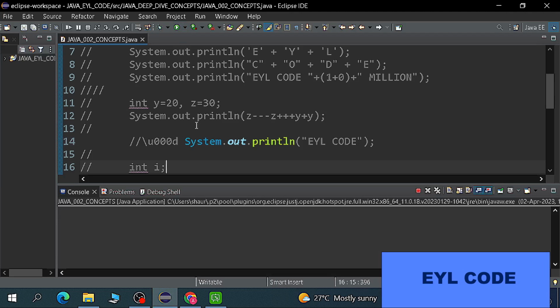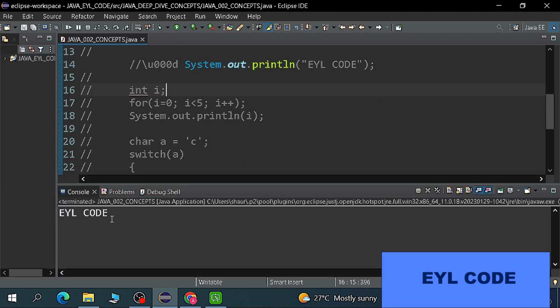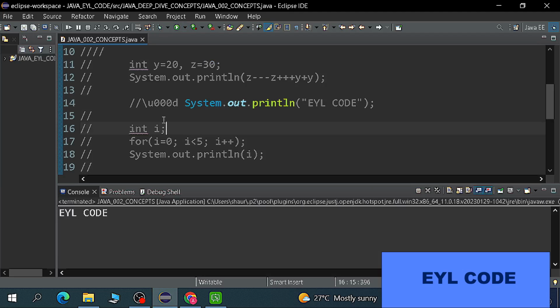If we run it, we get the output. So why is this so? The basic reason is what we have learned: anything after double forward slash till the end of the line is treated as a comment for that particular line. That's right. But what you are seeing right now is the unicode of a line break.